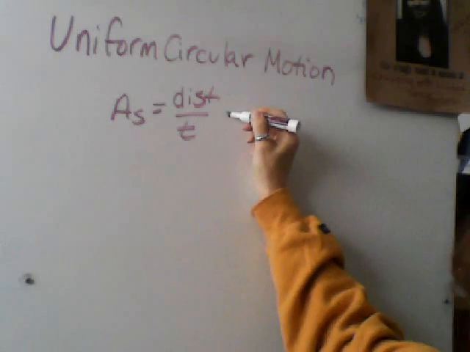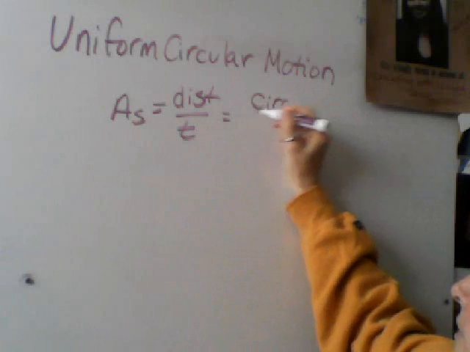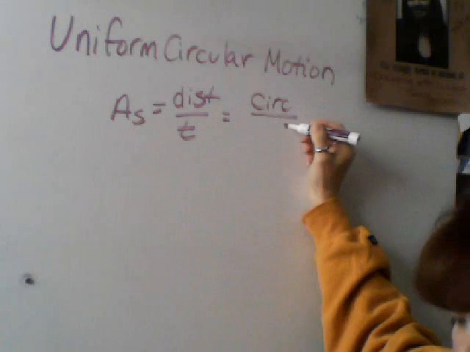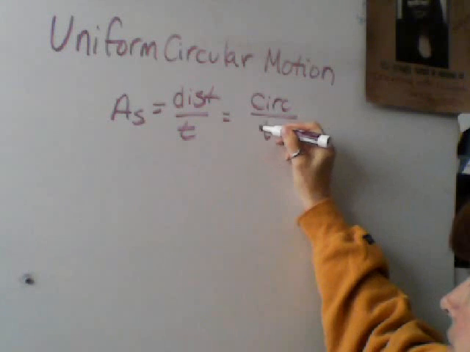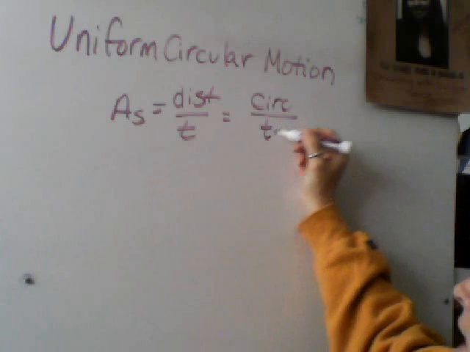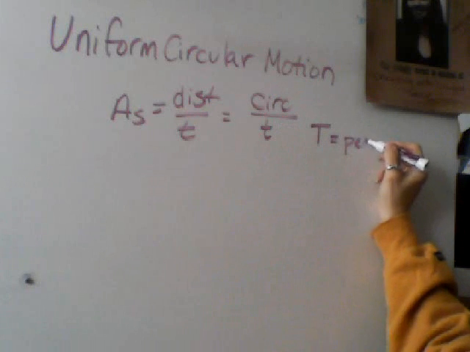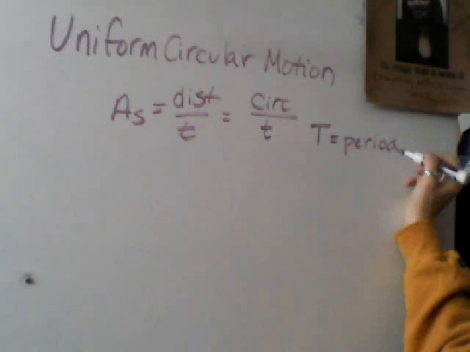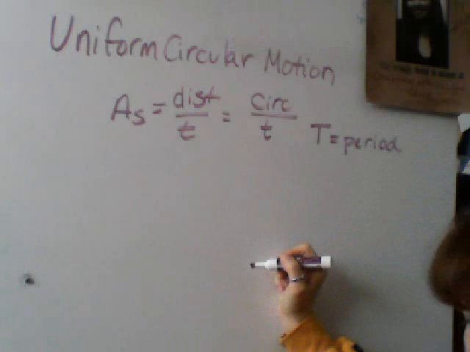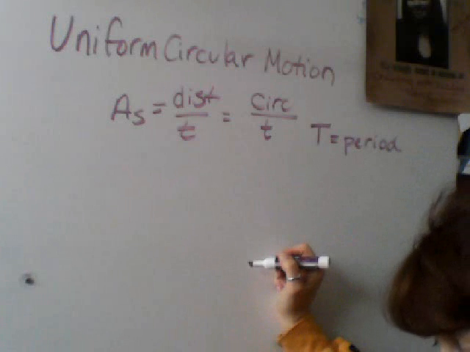And in a circle, we know that the distance that it's going to travel is going to be the circumference of the circle. And so that will also be over time. Usually when we're talking about circular motion, time can also be written as a capital T, which stands for the period of the motion. And we'll talk a little bit more about period and frequency in a second.